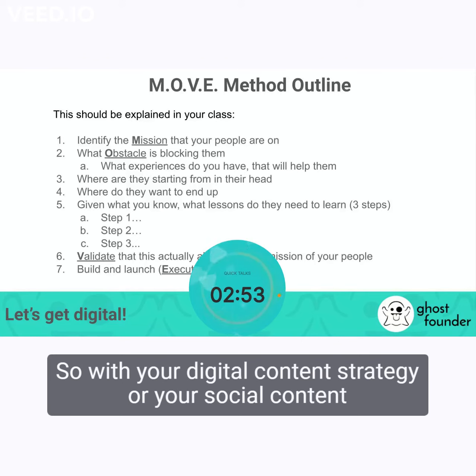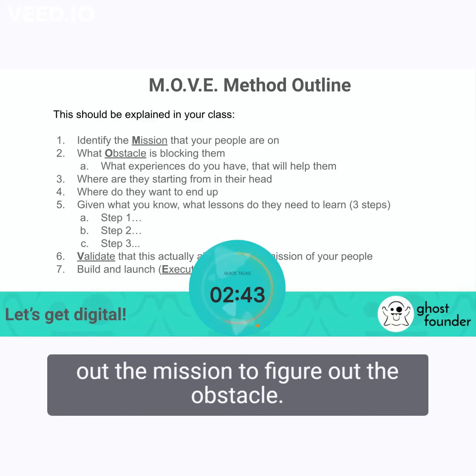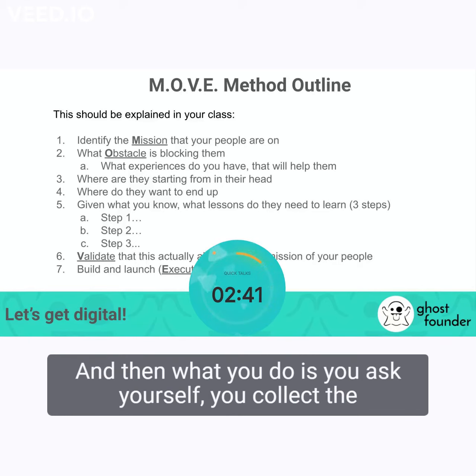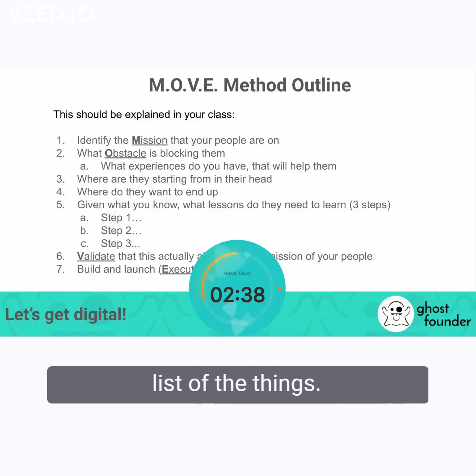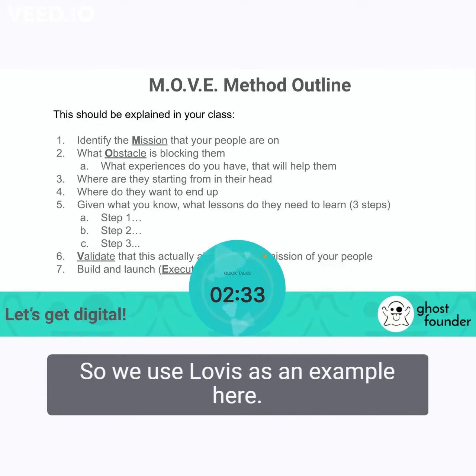So with your digital content strategy or your social content strategy, here's how the MOVE method works: figure out the mission, figure out the obstacle, and then you collect a list of the things you've experienced. We'll use Lovis as an example here.